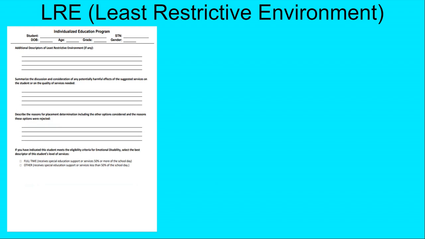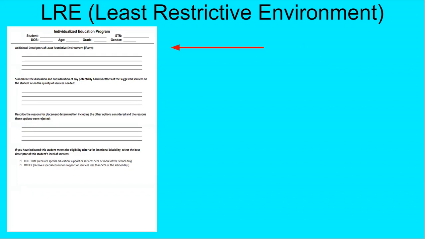And this is additional descriptors of least restrictive environment, if any. So basically this is where you put the information about what kind of category you're putting the student in. So if it's a level 50, then you're going to explain, okay, this is a level 50. This is why they've put him in there.